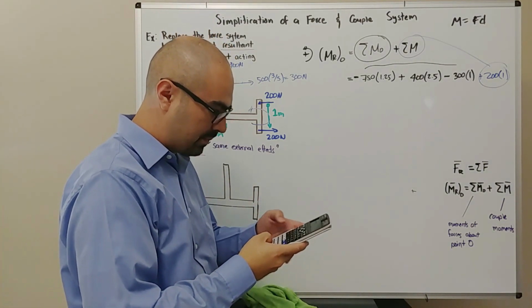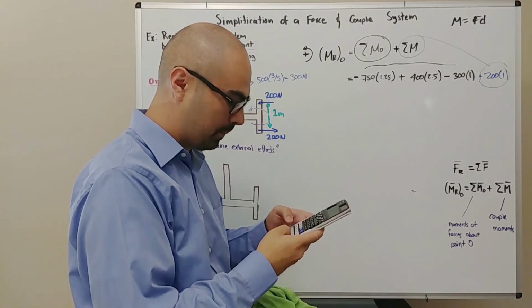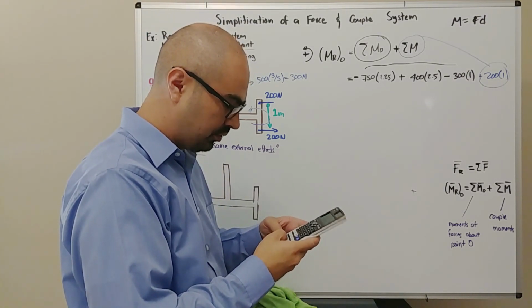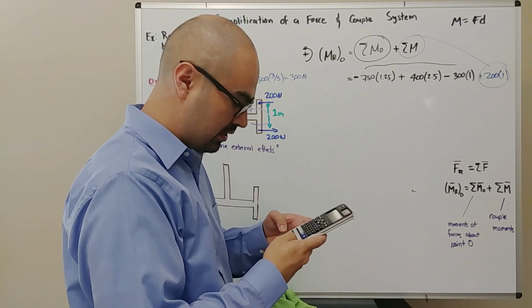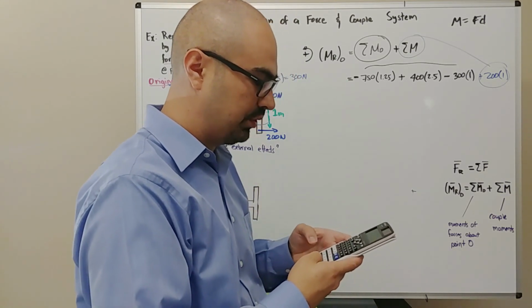So minus 750 times 1.25 plus 400 times 2.5 minus 300 plus 200.